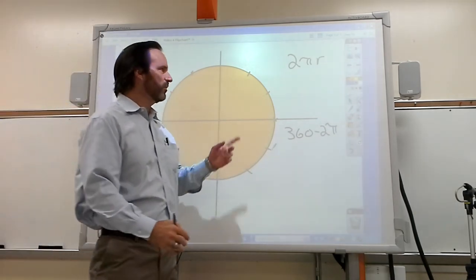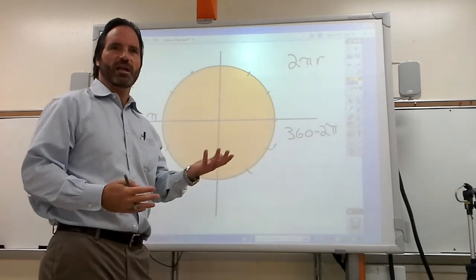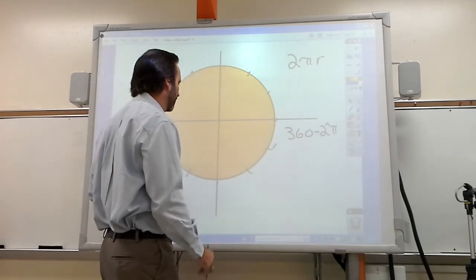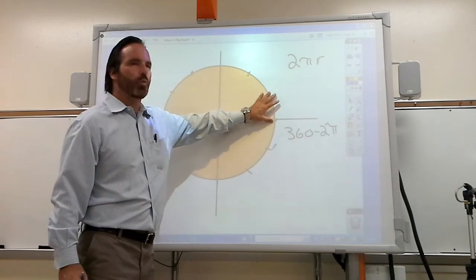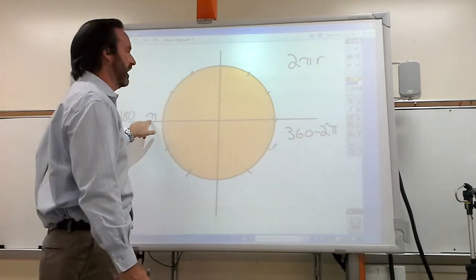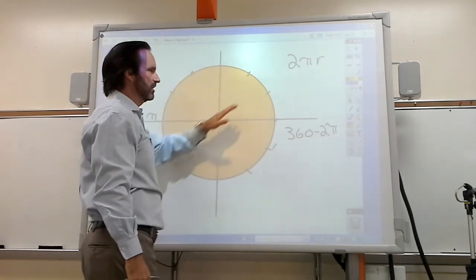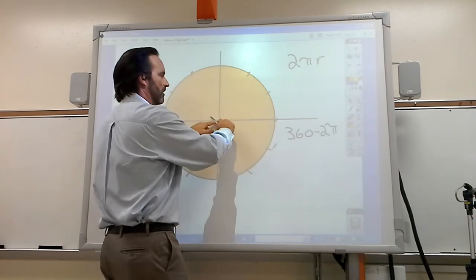Remember, 30 degrees, if you divide that into 180, is 6 times, right? This is 1/6 of 180, or 1/6 of pi. Here's 1, 2, 3, 4, 5, 6. So there's 6 of these little sections there.